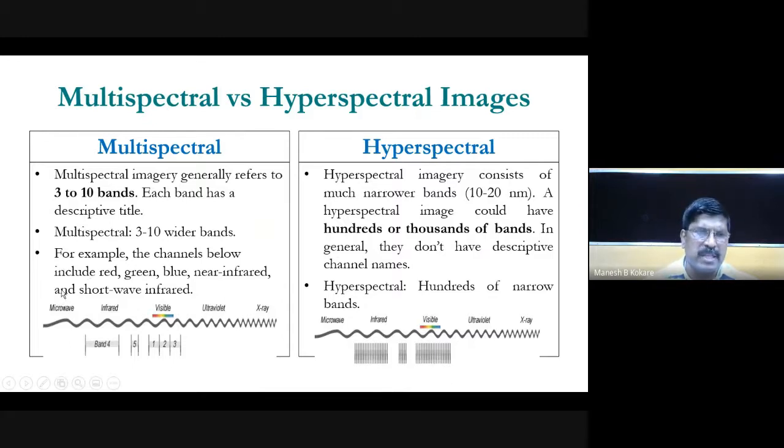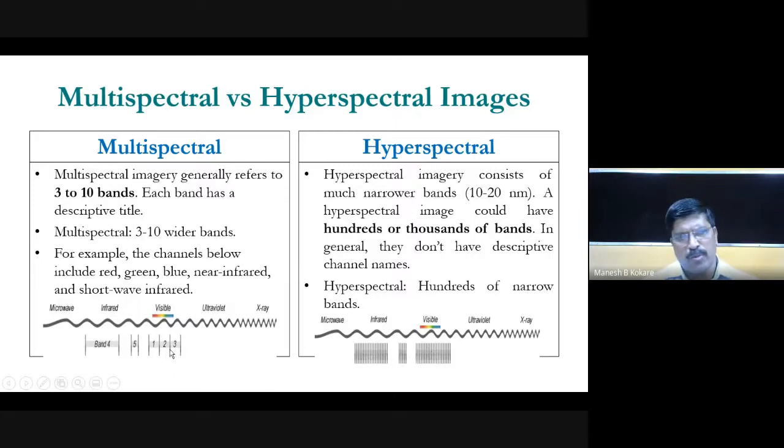So for example, for multispectral, the channels include red, green, blue, near infrared, shortwave infrared, and so on. These are basically wide band channels, which come under multispectral. Whereas in hyperspectral, hundreds of narrow bands are there, which may be in the infrared or in the visible.